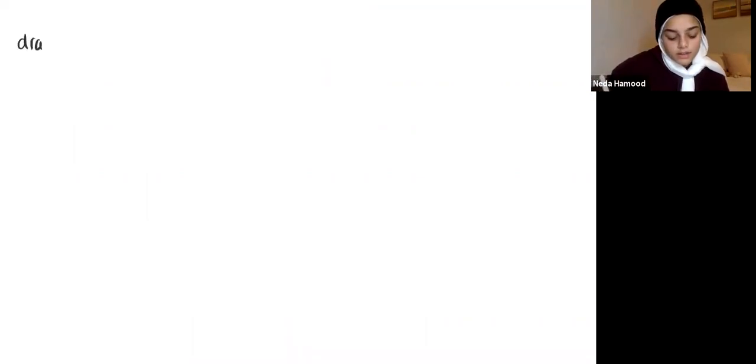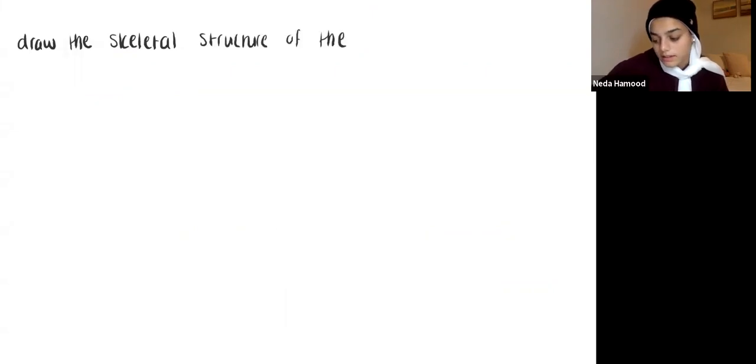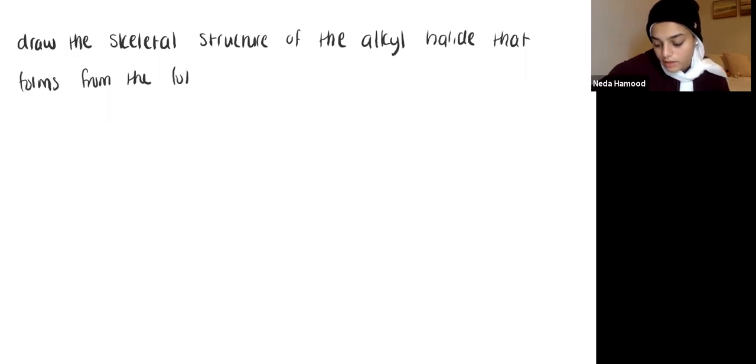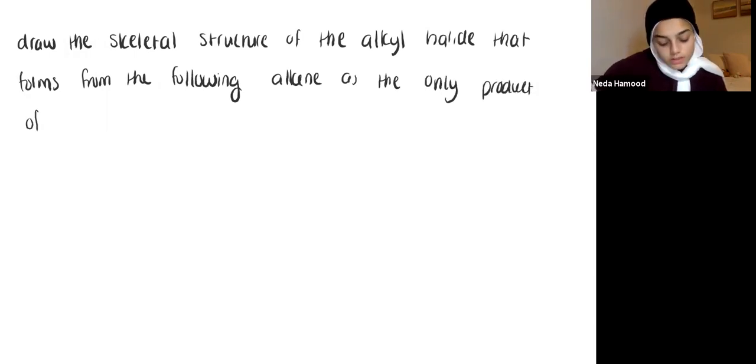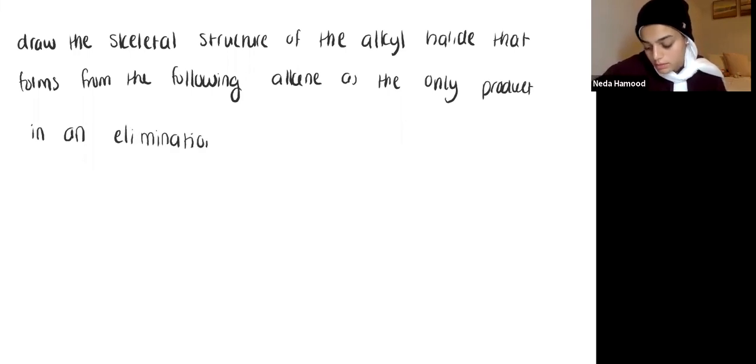So it's gonna be: draw the skeletal structure of the alkyl halide that forms from the following alkene as the only product in an elimination product.